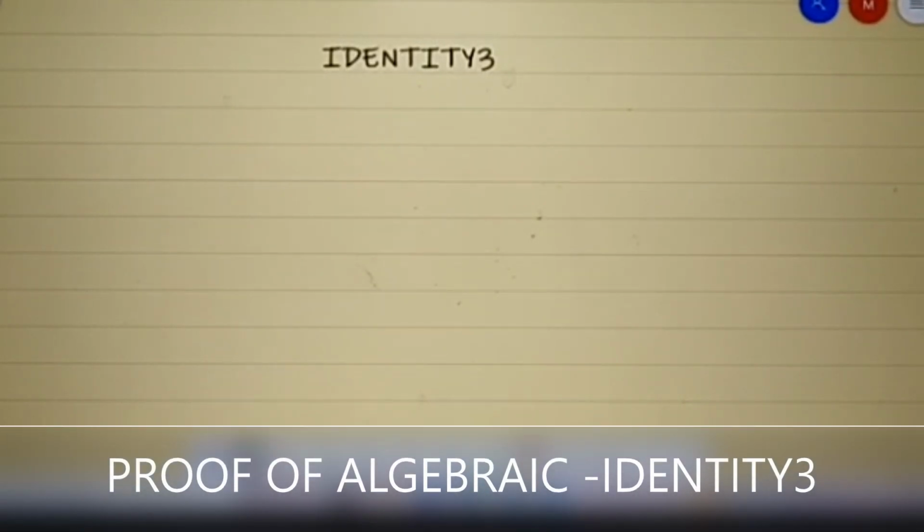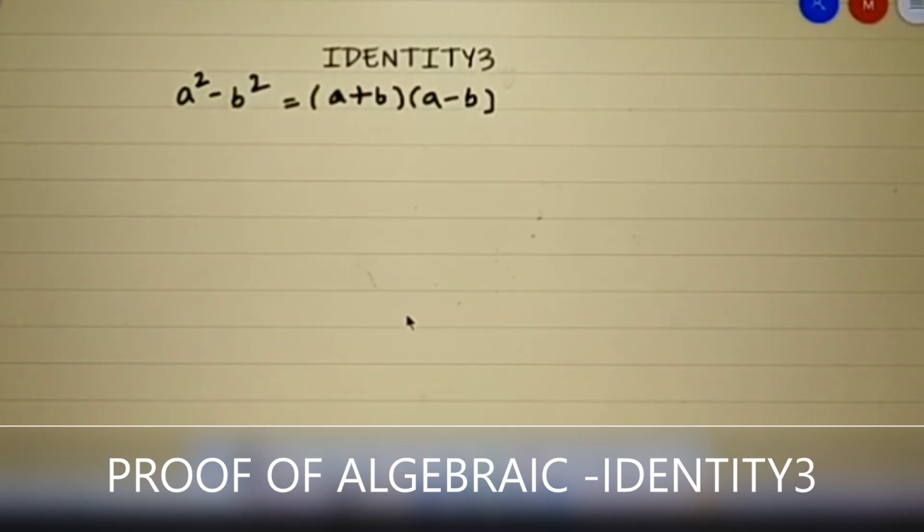What is identity 3? This is a square minus b square is equal to (a plus b) into (a minus b). This we will prove geometrically.